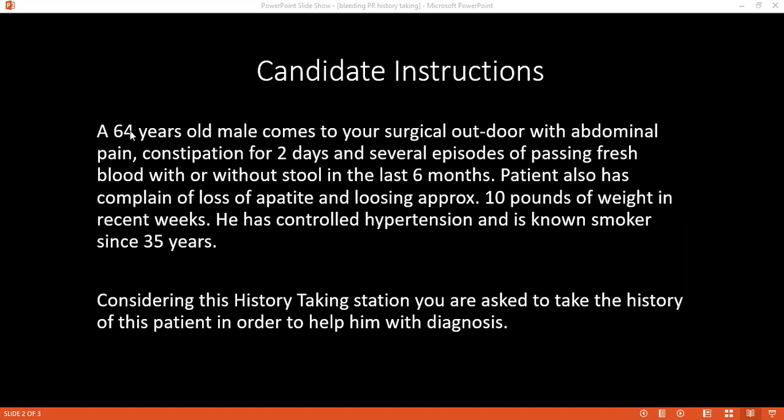In fact, in this age, there could be many conditions. So there is one investigation, mesenteric angiography, that can also be used to localize angiodysplasia or Meckel's diverticulum.